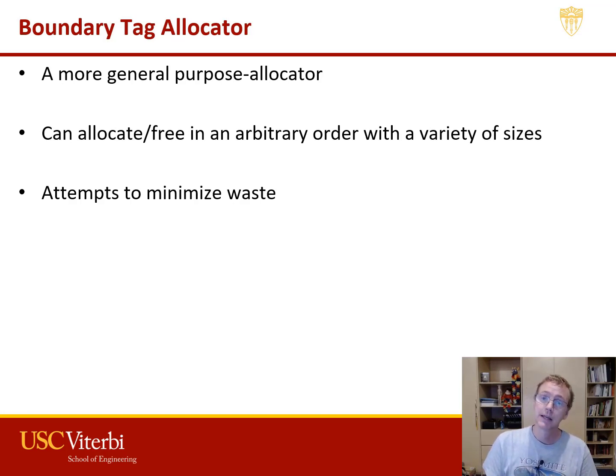The main key, the big takeaway here, is we set up a doubly linked list, a linked list that goes forward and backwards, and we put the size of each free block at both the top and the bottom of that block. The reason we did that was so that we can work our way backwards. If you go in front of your own allocation, you can see how big the previous block is.